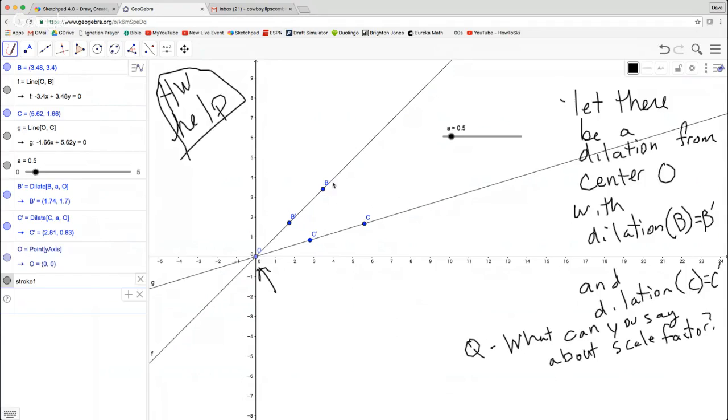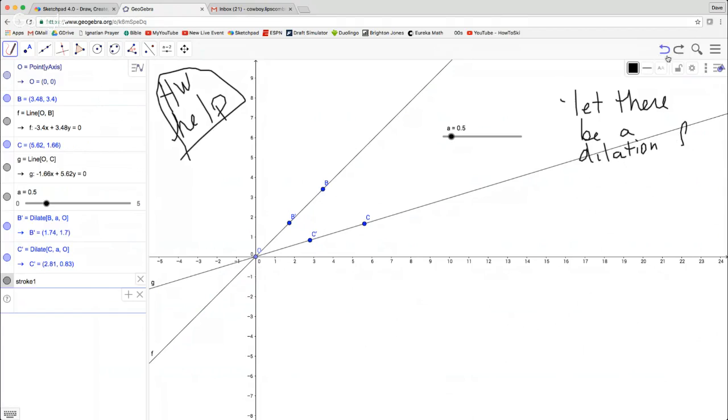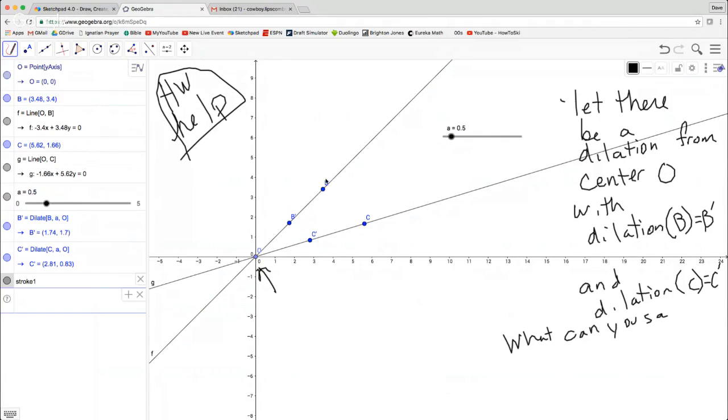So in other words, we had these two original points here, B and C, and we've done a dilation that caused the point to get moved to B prime, or mapped to B prime, and C to C prime. So the question is, what can you say about the scale or the dilation factor? Okay. So I want you to stop and think and pause.